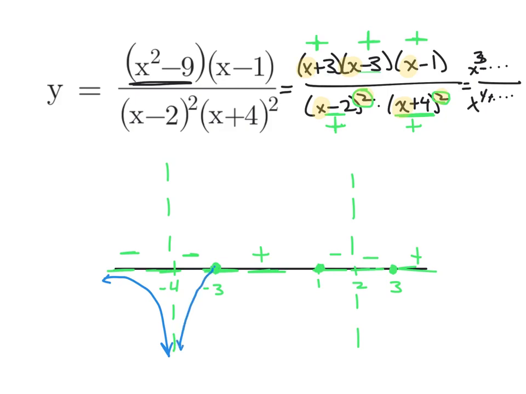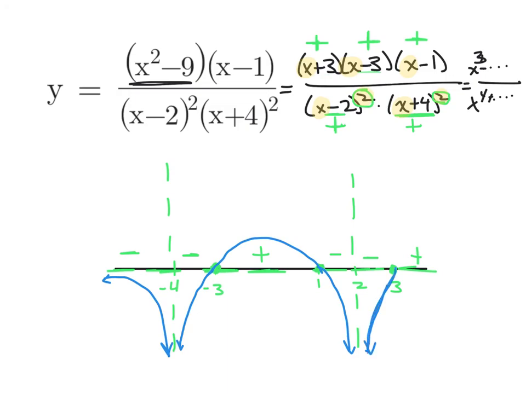In between negative 3 and positive 1 is positive, so we're going to be above the x-axis but connecting our two zeros. Between 1 and 2, negative, going from a 0 over to an asymptote, and staying negative below the x-axis. Between 2 and 3, staying negative below the x-axis, going from an asymptote to a 0.